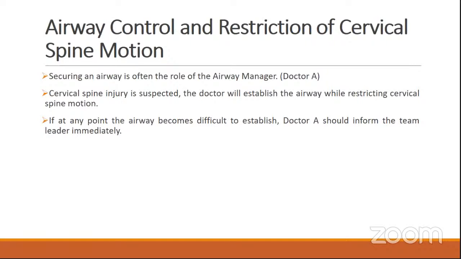So in that, Dr. A will be a skilled person in airway management, so he will be securing the airway. Now, if cervical spine injury is suspected, the doctor will establish the airway while restricting the cervical spine motion. If at any point the airway becomes difficult to establish, Dr. A should inform the team leader immediately.